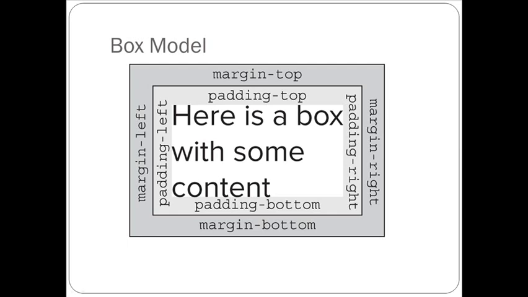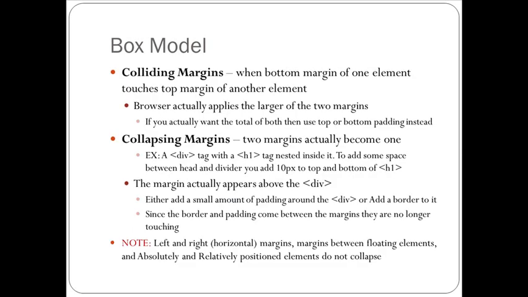Now, when we look at this margin, sometimes it's going to be compromised in some ways. For example, in colliding margins. This is when the bottom margin of one element touches the top margin of another element.